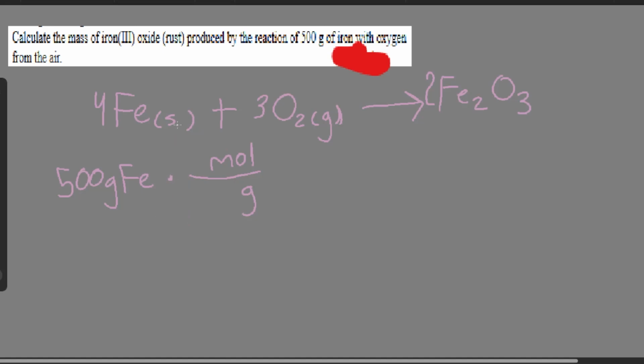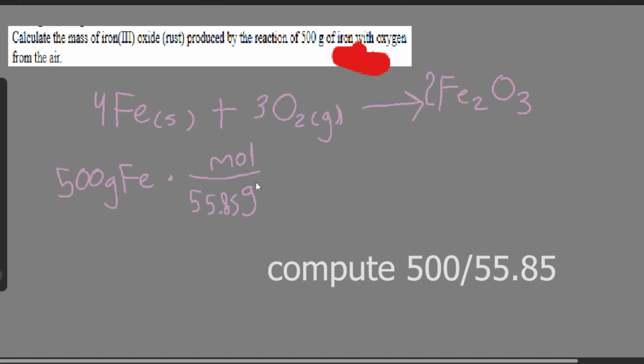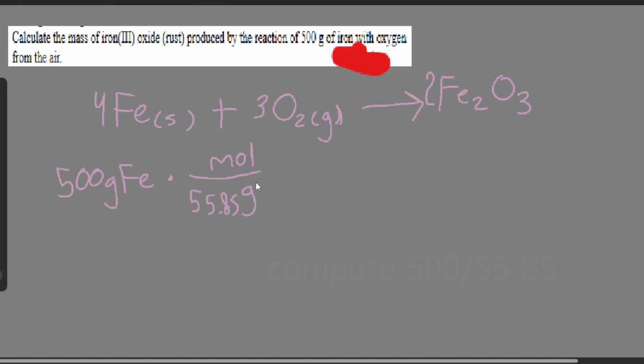The same thing on numerator and denominator cancels out. Alright, so what is the molar mass of iron? 55. Okay, so now we can calculate the moles of iron we have. 500 divided by 55.85 gives you, keep the exact value. I want you to include every decimal. Alright, I don't want to see anything forgotten.